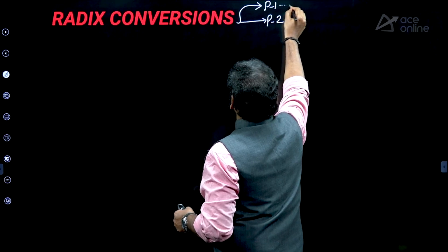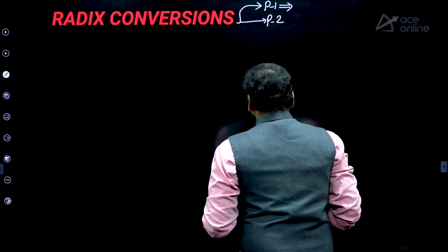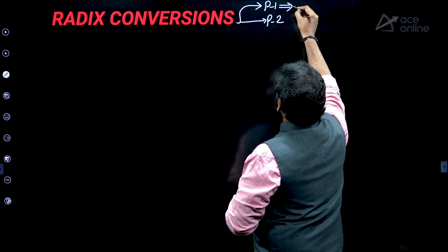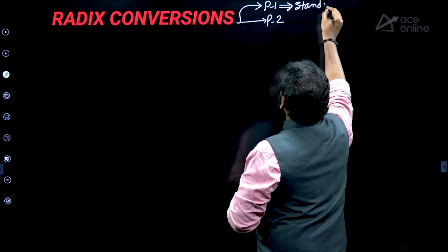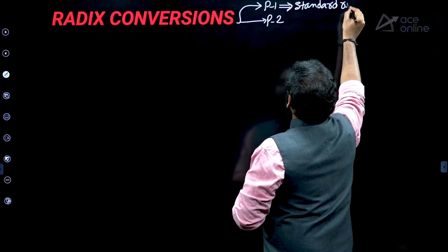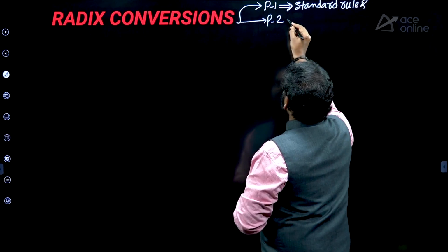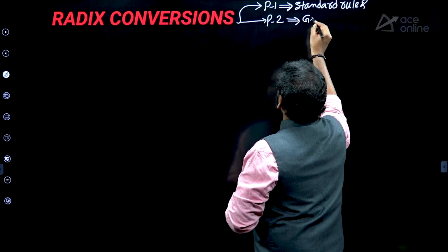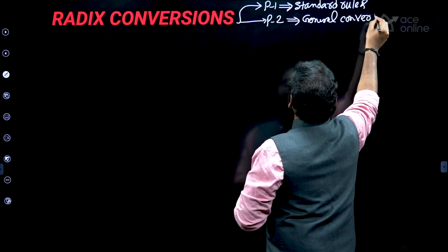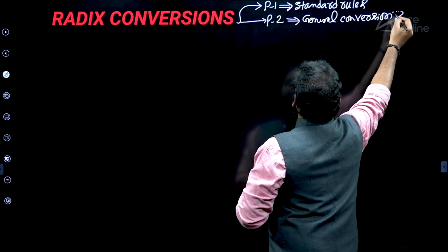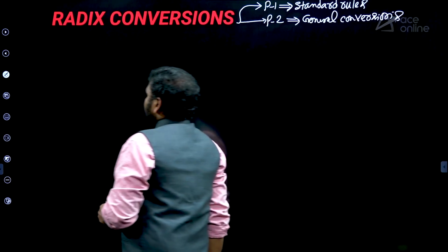In phase 1, standard methods and rules, standard rules based operation. Phase 2, general conversions. So what are the rules?